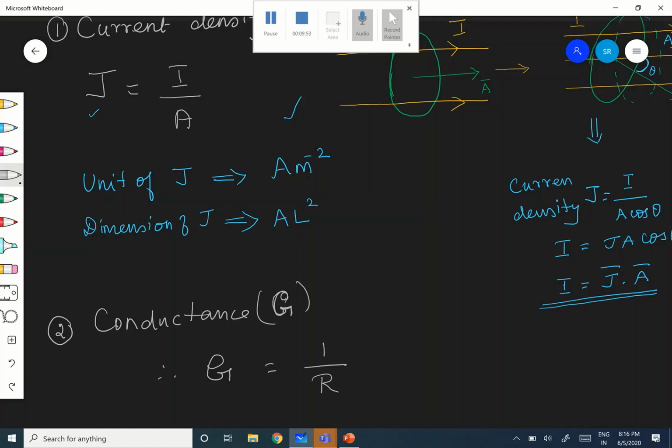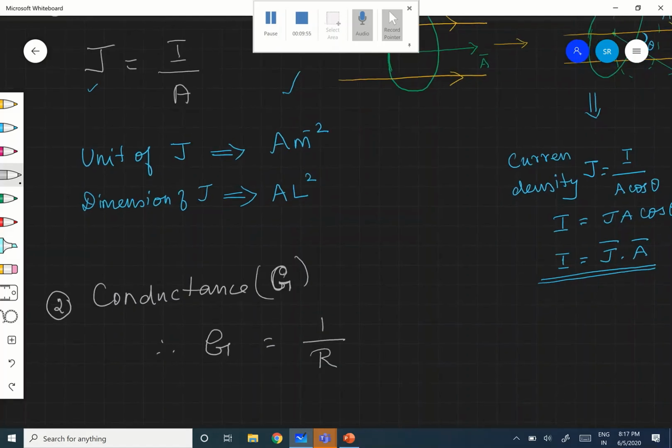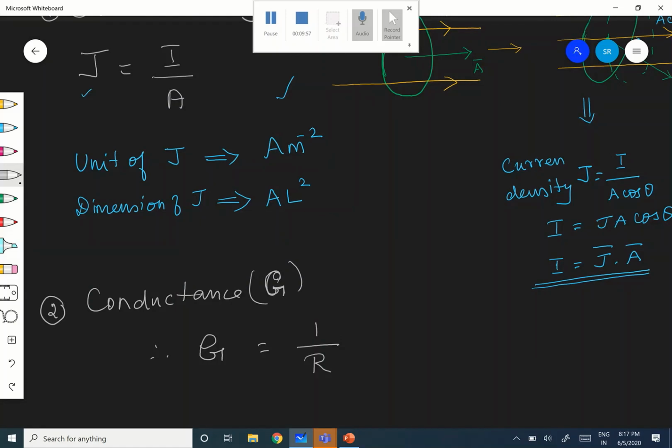The conductance of a conductor is the reciprocal of the resistance. What is the unit? Unit of G is ohm inverse, the reciprocal of resistance.